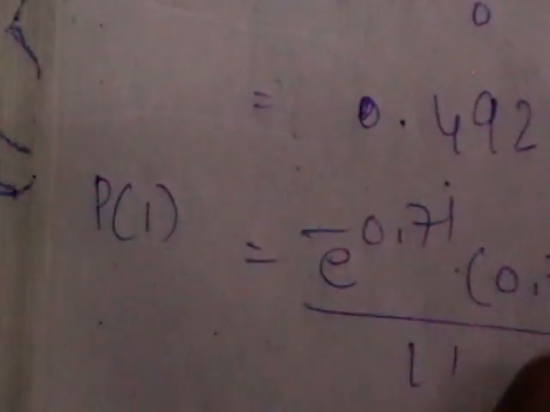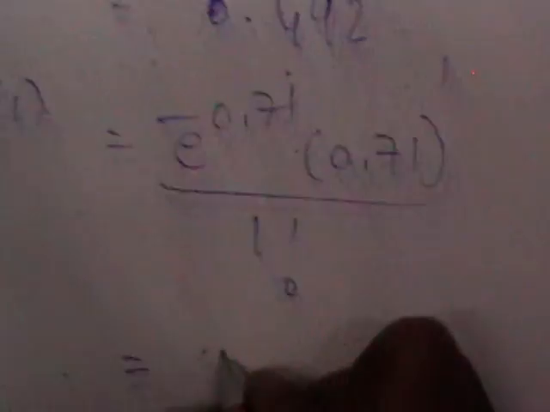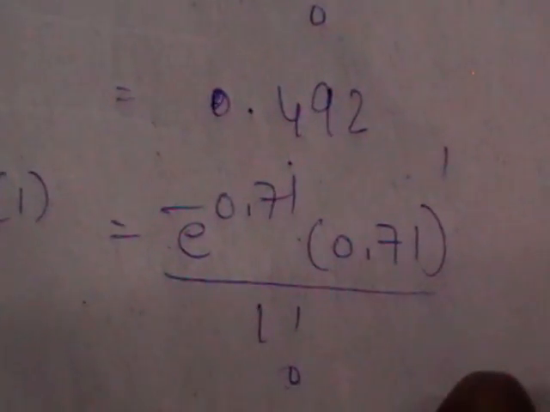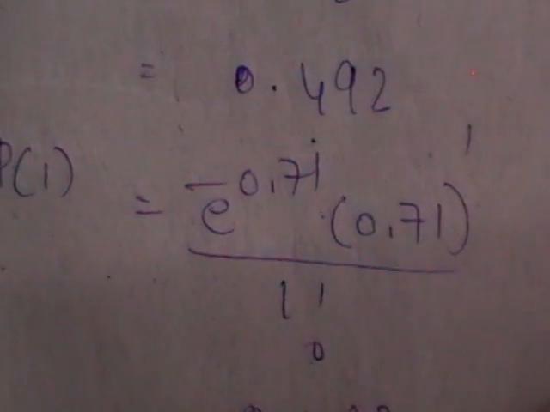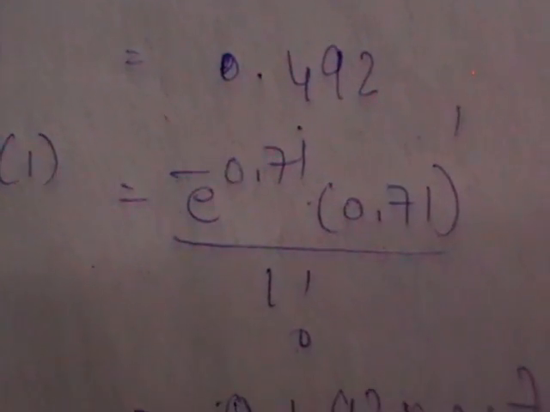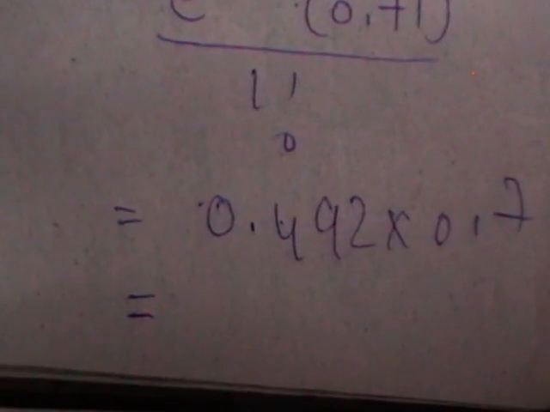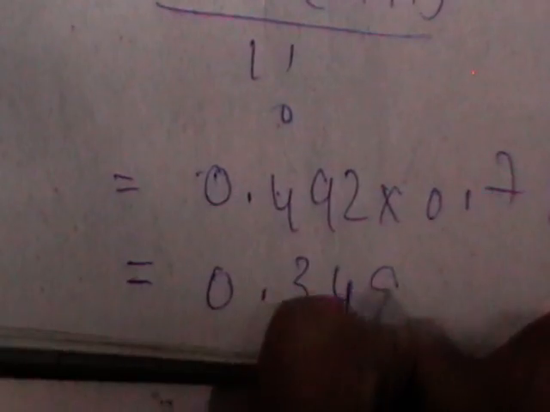P of 1 is e power minus 0.71 into 0.71 power 1 by 1 factorial, which is 0.492 into 0.71, which is 0.349.